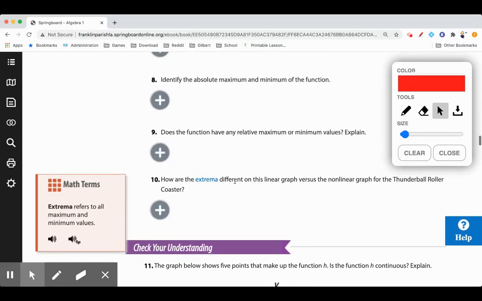Well, you could say that there are no relative minimum and maximum values. That's how they're different. The nonlinear one did have relative minimum and maximum. It went up a little bit and it went down more. This linear graph just goes from the low point to the high point. There is no going back and forth.